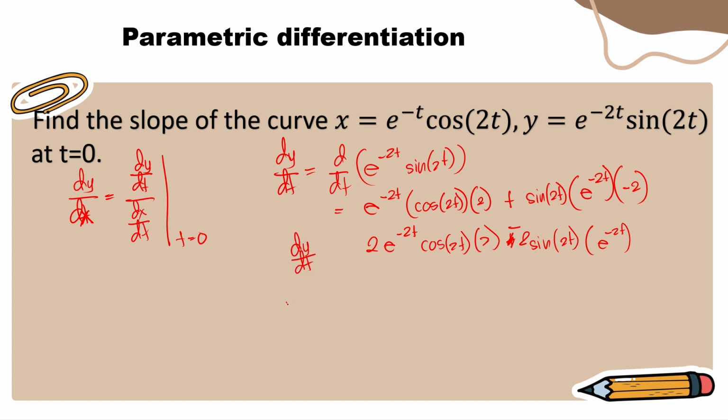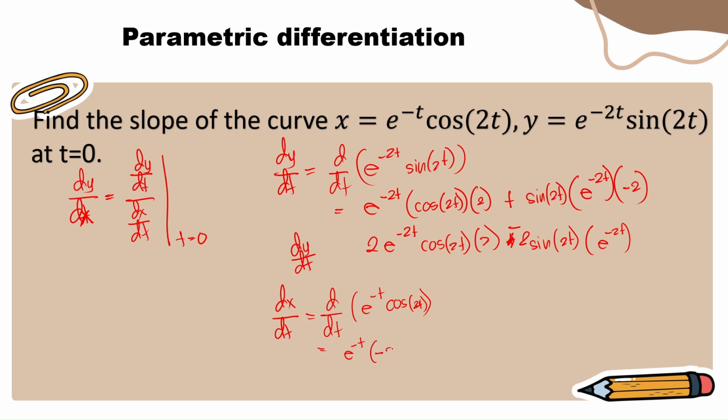How about for our dx over dt? For our dx over dt, it's the same process. That is d over dt of x, e raised to negative t cosine 2t. Perform the derivative. Copy e raised to negative t. Then get the derivative of cosine 2t.